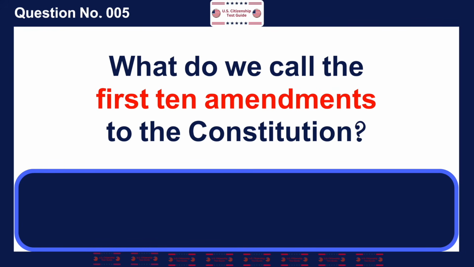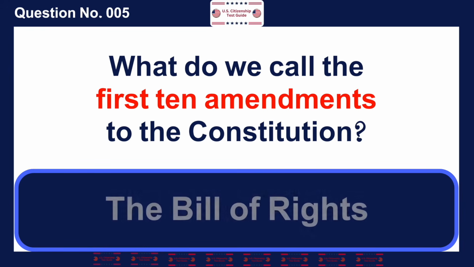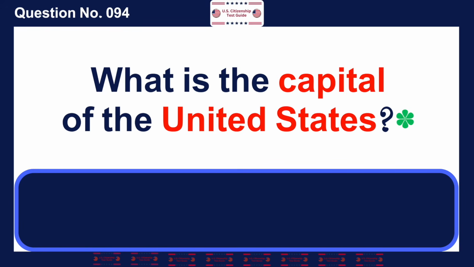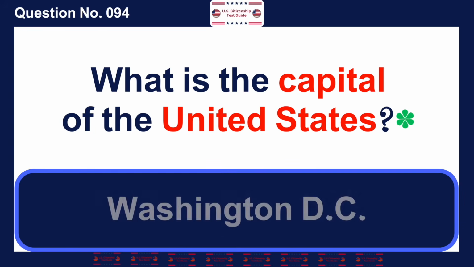What do we call the first 10 amendments to the Constitution? The Bill of Rights. What is the capital of the United States? Washington, D.C.